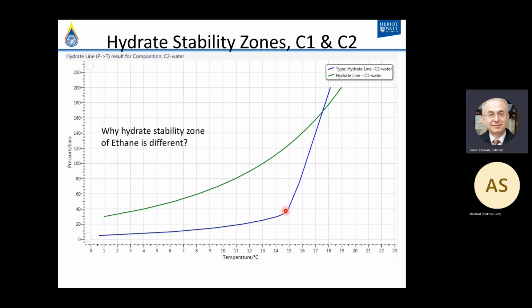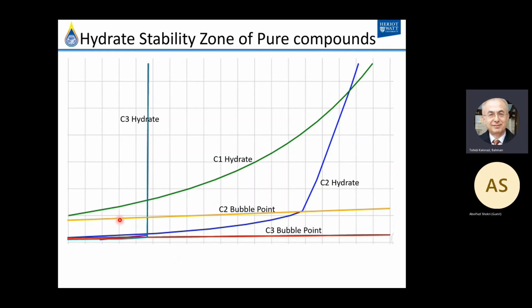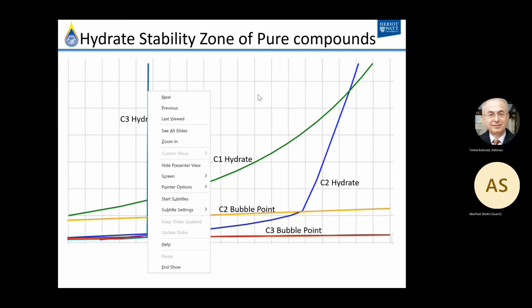So this is the bubble point of ethane. This is the ethane hydrate phase boundary, and this is the bubble point of ethane, and you see that it crosses here. The same is similar for C3.